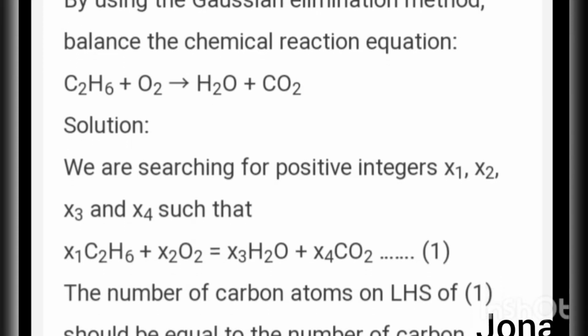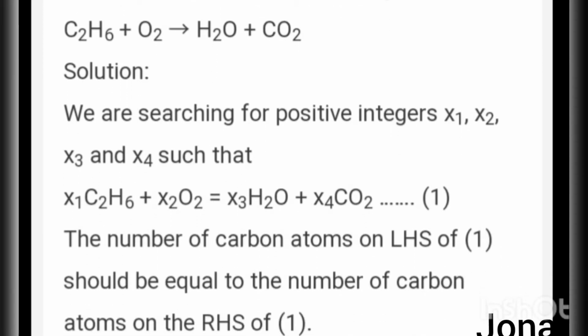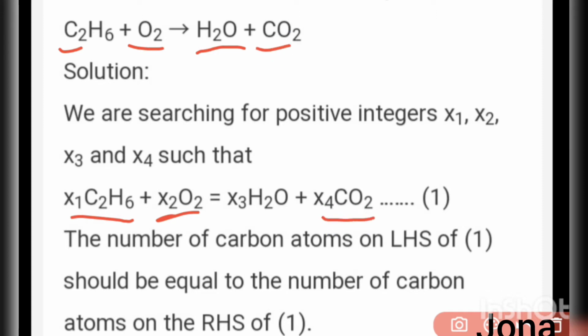Let me take this equation as x1 C2H6 plus x2 O2 gives x3 H2O plus x4 CO2. Here x1, x2, x3 and x4 are nothing but the coefficients of the given terms. Okay, so let me balance the equation now.